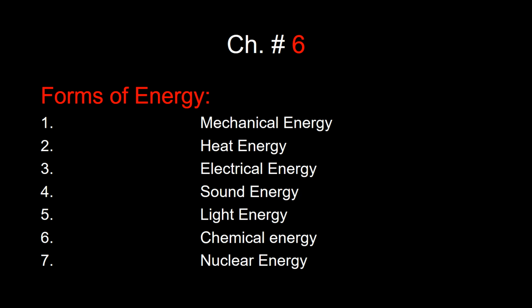Now our next topic is forms of energy. Students, we have 7 forms of energy, and these are mechanical energy, heat energy, electrical energy, sound energy, light, chemical, and nuclear energy. I have discussed these earlier as well, but I will explain them one by one. Mechanical energy: the energy possessed by a body due to its motion or position is called mechanical energy.